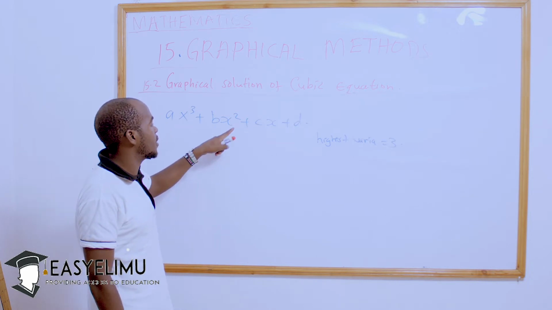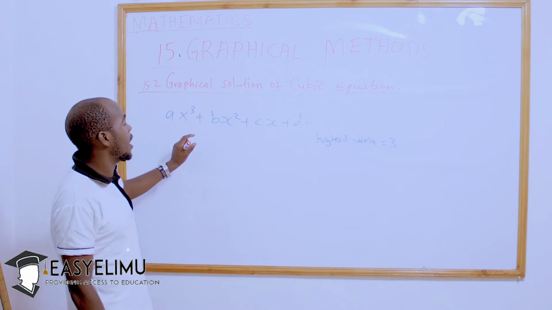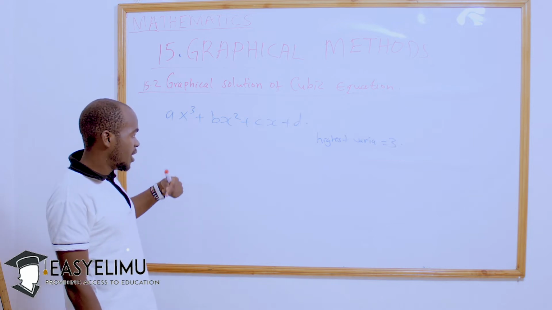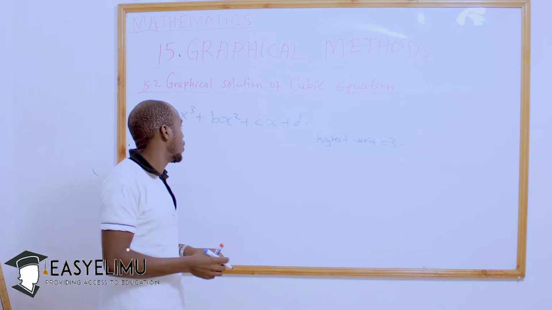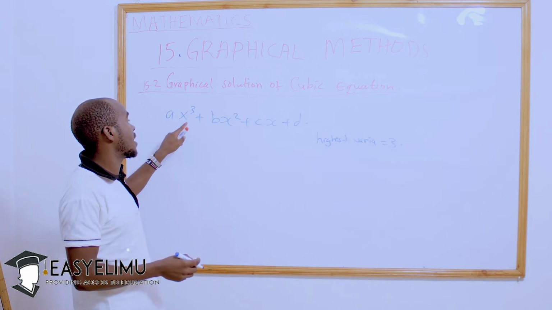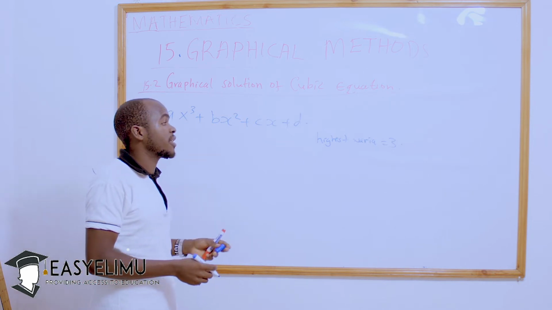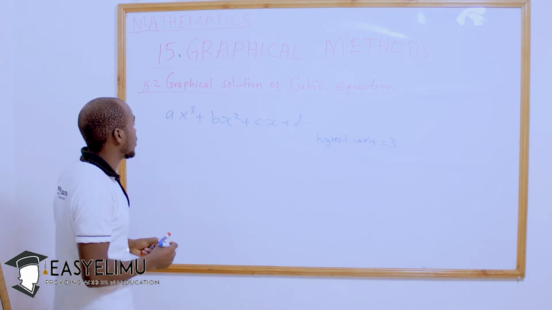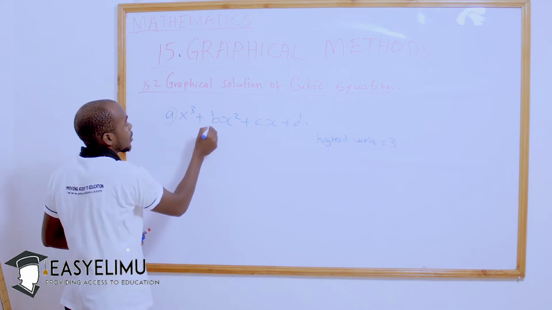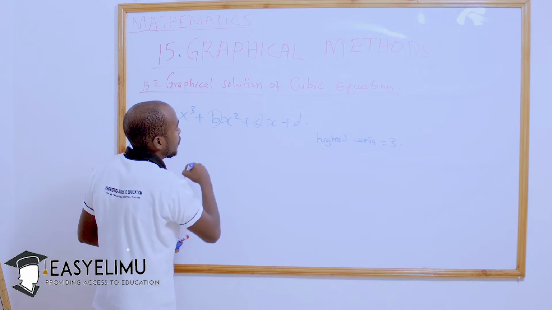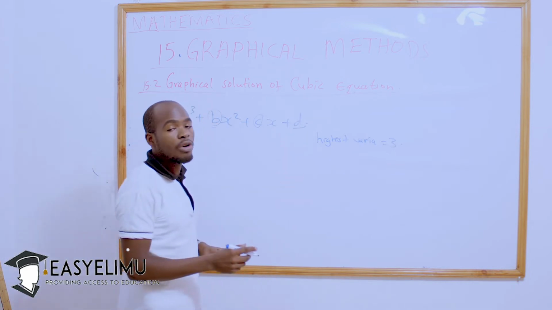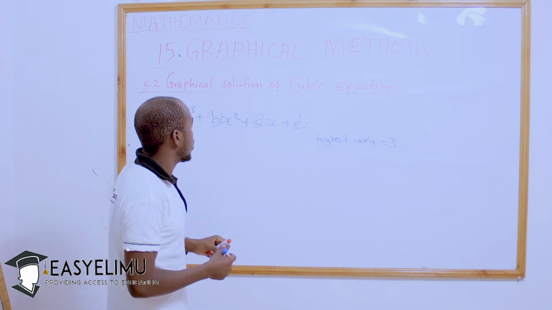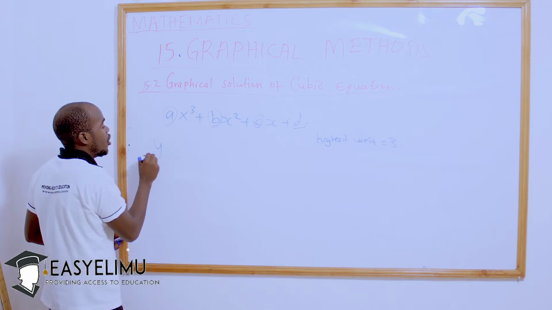So this one is to power 1, this is power 2, this is power 3. If you find any function having up to power 3, it may not necessarily be x, it may be represented by any kind of letter, so that one will be referred to as a cubic function. But remember, in this one, here a, b, c are coefficients of x and also d, but all of them are constant, meaning that a, b, c and d are constant. So from this is where we can obtain.